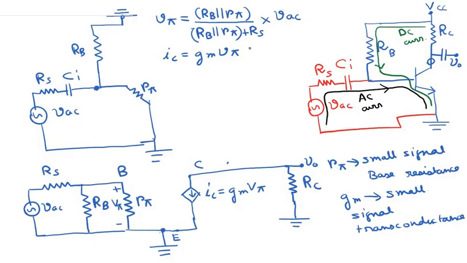So this is equal to beta divided by R pi into V pi.